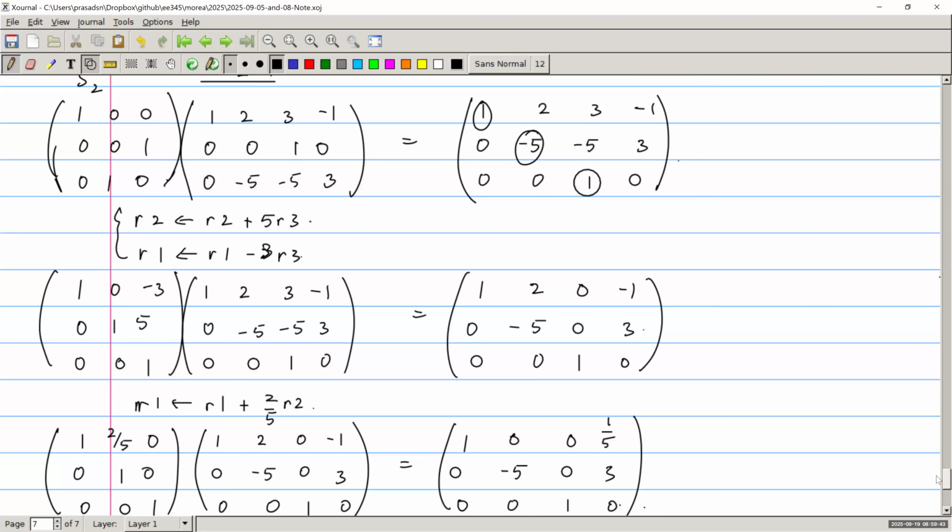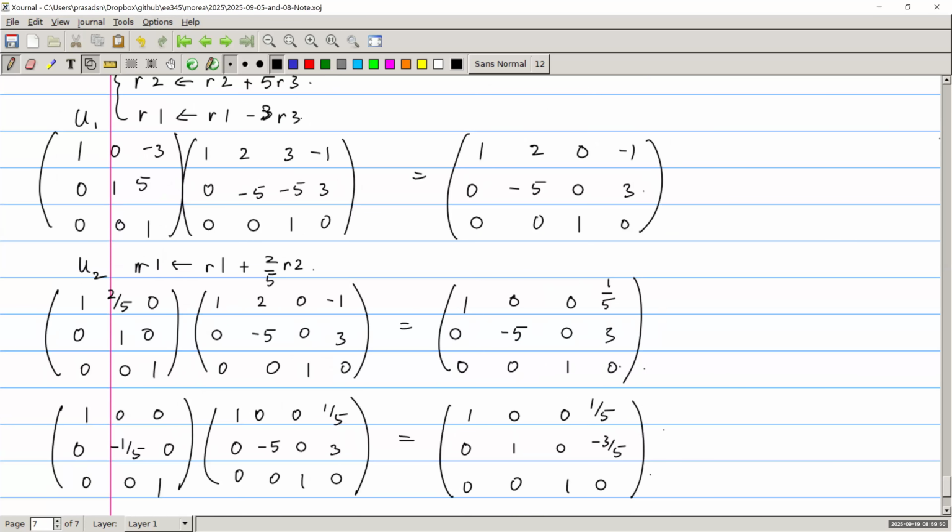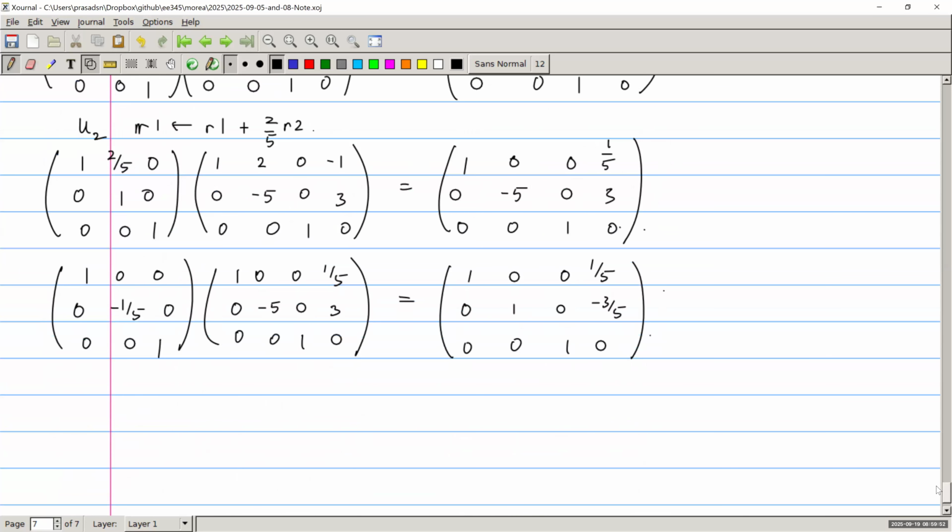Okay, this is our first upper triangular matrix, the first operation, and this is our next one, and this is our normalization matrix. Okay, you have all these different matrices.